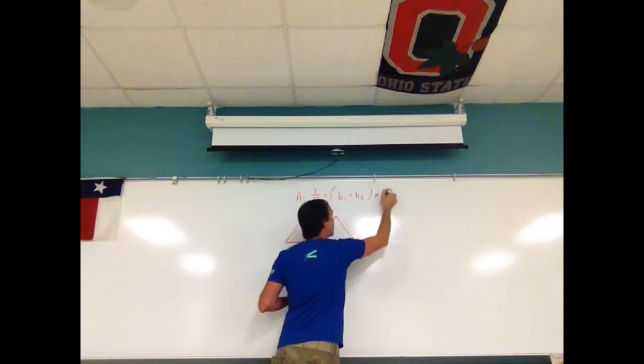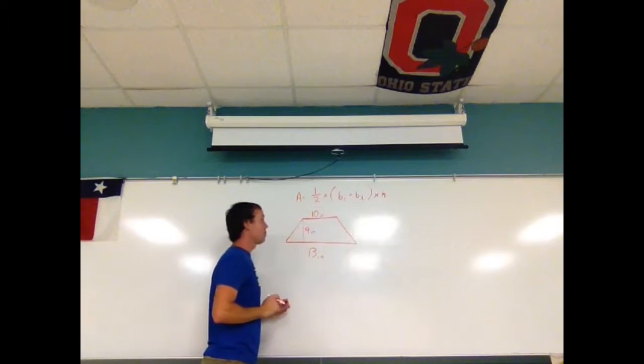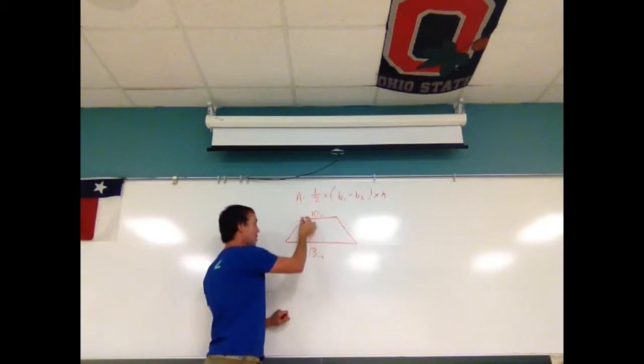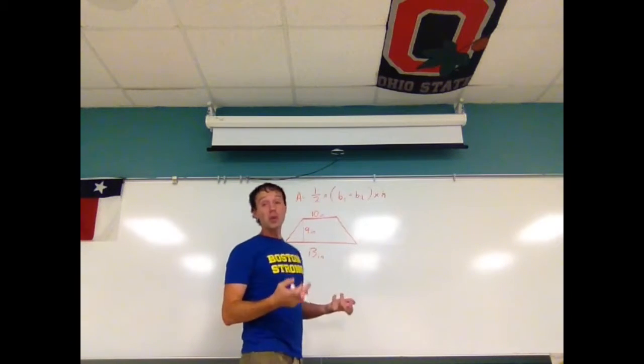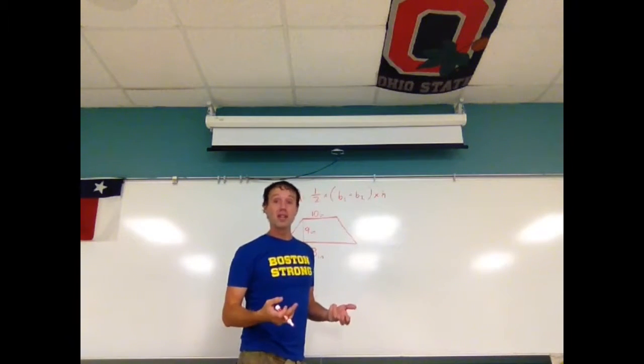Times the height, okay? So the height is going to be this 9, which we'll get to in just a minute, okay? All you really need to do on this one, guys, is plug in the numbers, okay?